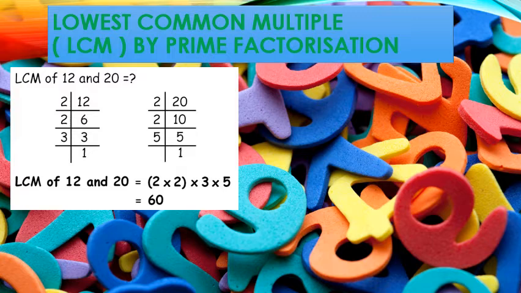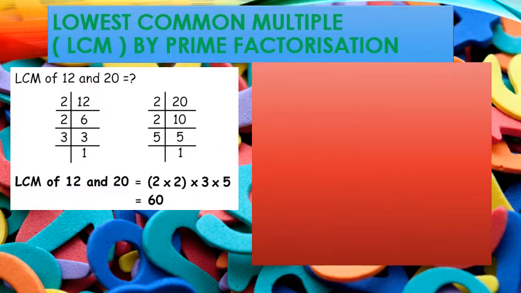That is 2 times 2, because for both of the cases, two 2s are coming. That is kept in a bracket and multiplied with the rest of the prime numbers. That is 2 into 2 into 3 into 5, and that gives us the answer 60.